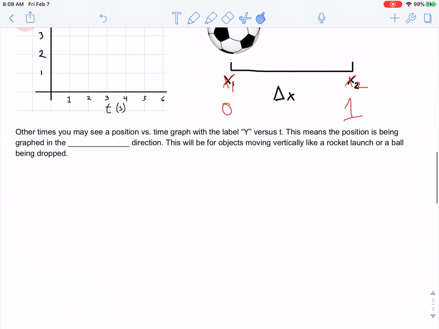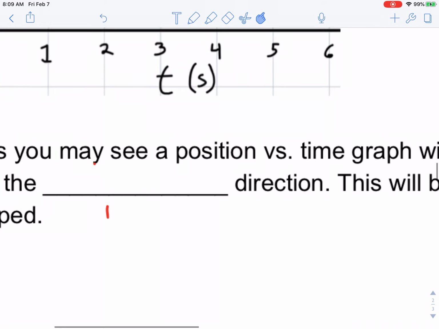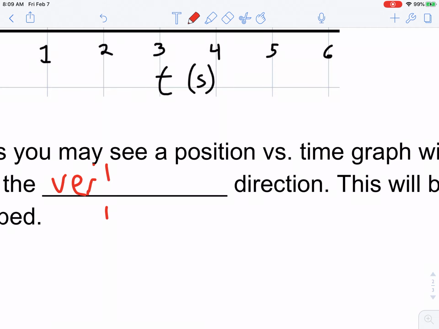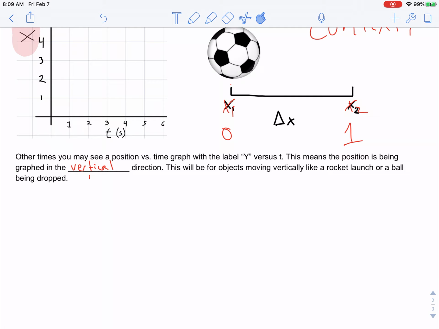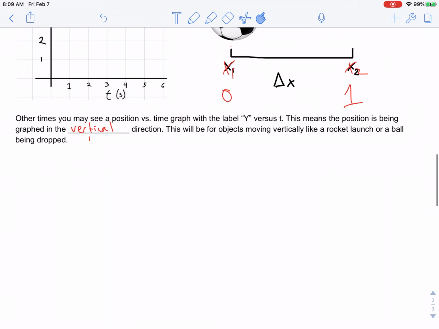And lastly, other times you may see a position versus time graph with the label y versus t. This just means that the position is being graphed in the vertical direction. Oh my gosh, why did I say up and down? I meant to say vertical. This will be for objects moving vertically, like a rocket launch or a ball being dropped.